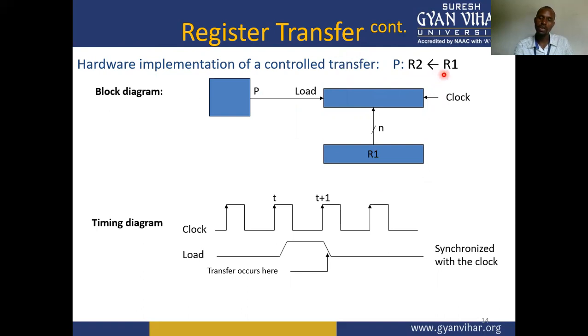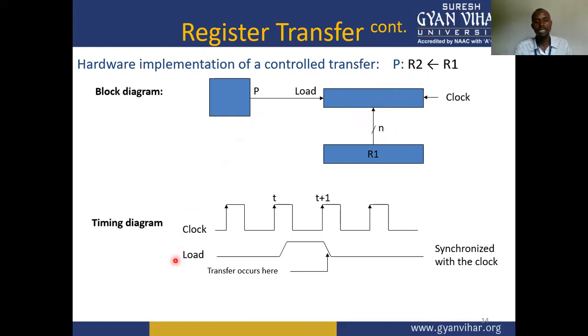We've said R1 can communicate to R2, then we mentioned only at a particular clock cycle, and before we have a clock cycle, we need a control transfer, which is denoted by P. That means R1 can only pass a certain bit of information to the buffer for transfer. Once it is loaded here, then it can be transferred to R2.